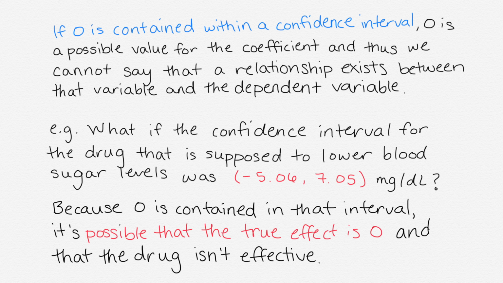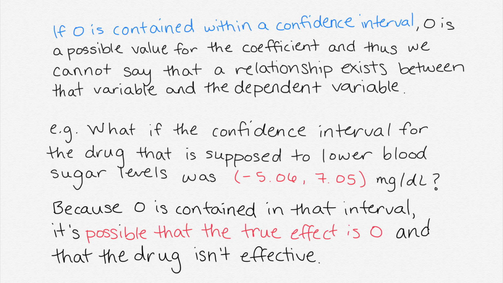What if the confidence interval had been negative 5.06 to 7.05 milligrams per deciliter? That means that the drug could reduce blood sugar by up to 7.05 milligrams, or actually increase blood sugar by up to 5.06 milligrams. Remember that in this context, a positive value meant a reduction in blood sugar, so a negative value would mean an increase in blood sugar.